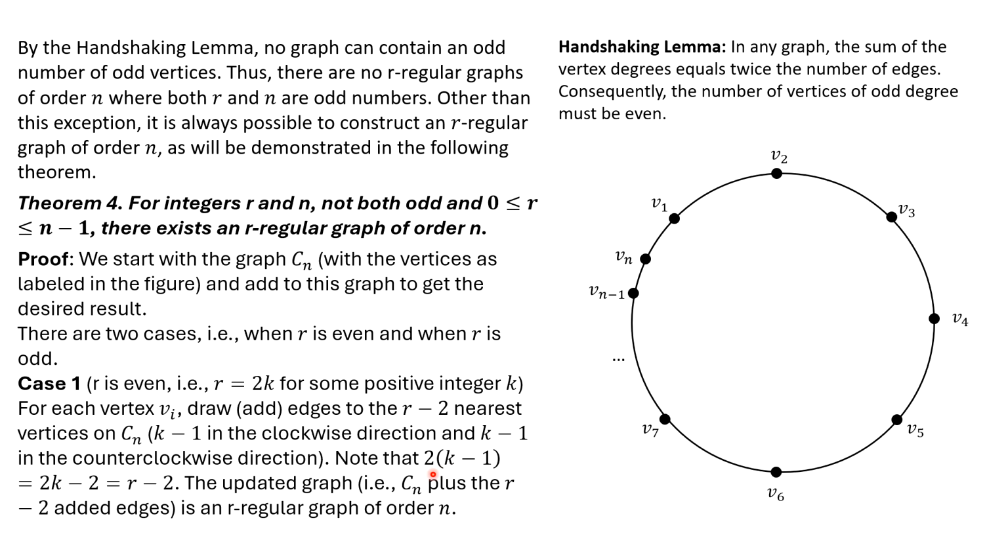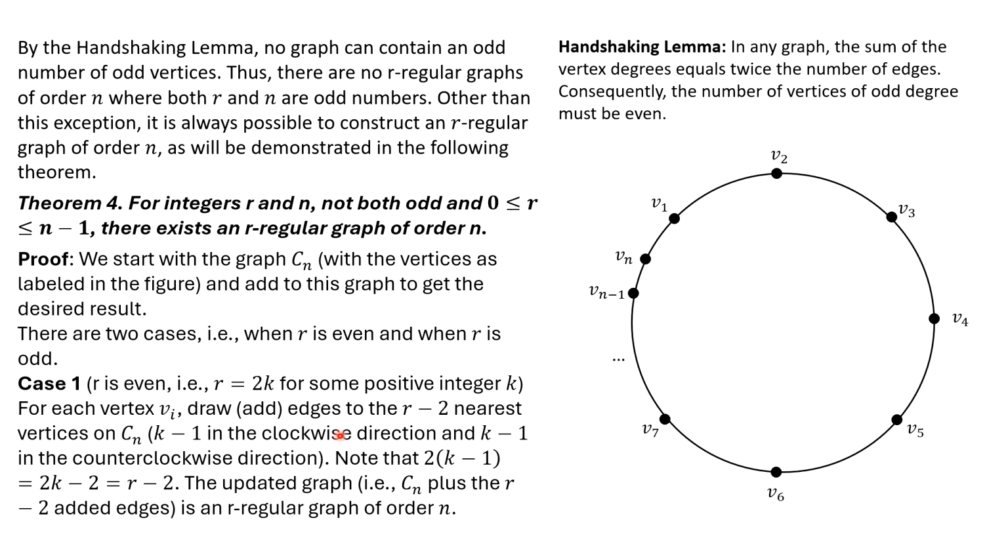And so that gives us 2 times k minus 1, which is 2k minus 2, which is r minus 2, since we define r to be 2k. And then we already had 2 edges for v1, for example. So that would make v1 of degree r, and we would do the same for all the other vertices, and then we would get an r regular graph of order n.